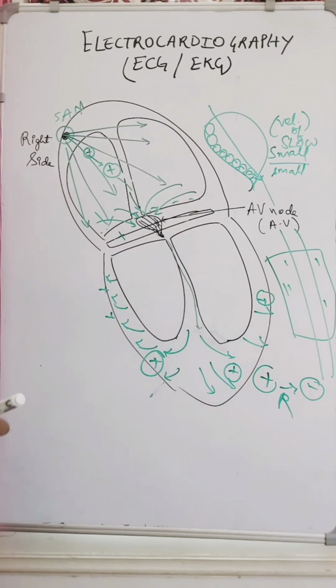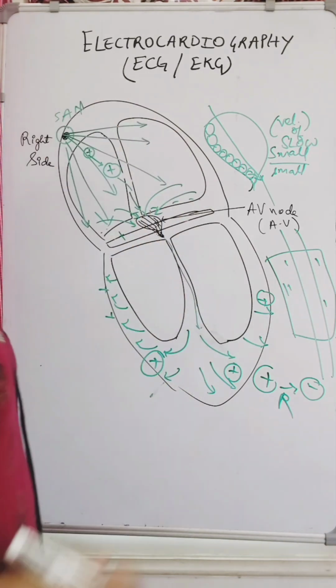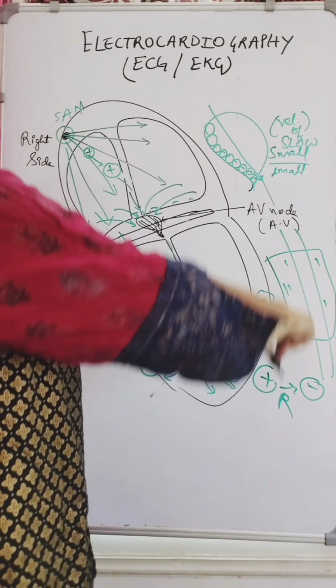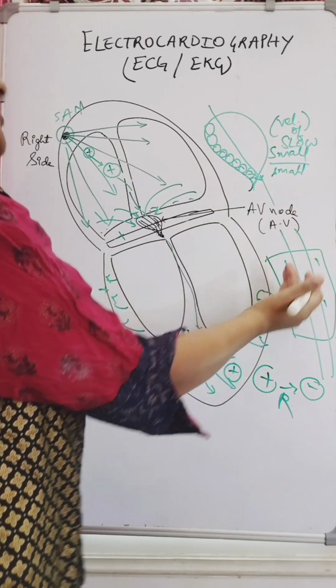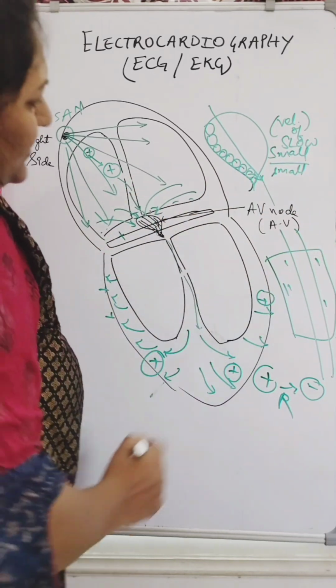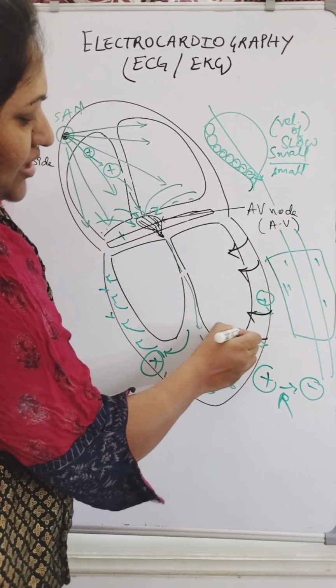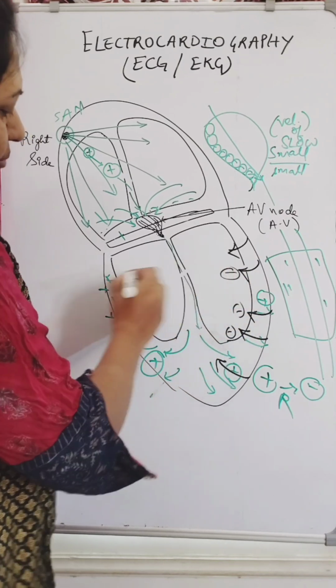But now the question is how it is going to happen. As I told you, the point at which the depolarization stops is the point where repolarization begins. So can I say the charges will flow, and negativity means what?